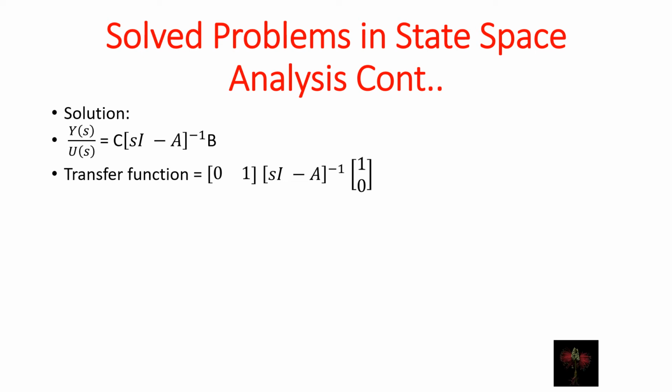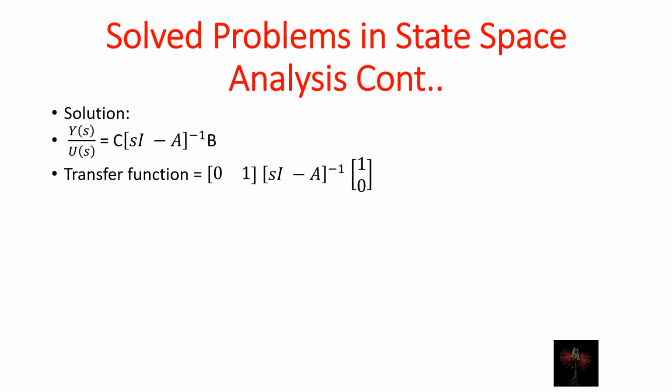That has been taken and substituted here. So the transfer function is equal to, the C matrix value is 0 1 matrix and B matrix value is 1 0, and in the problem they have given the A matrix.